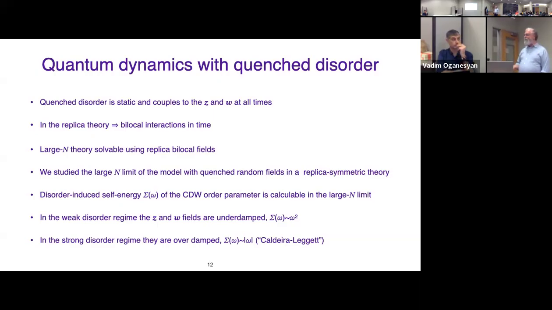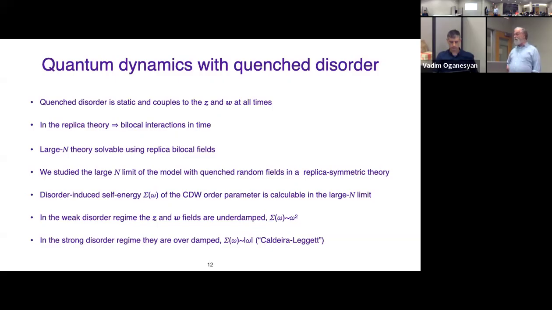You can look at the correlation functions of the propagator, and calculate the self-energy, in particular the frequency dependence of the self-energy in the large-N limit. I have to confess, this part of the solution is rather big, so we just need to skip it. And there are two regimes.